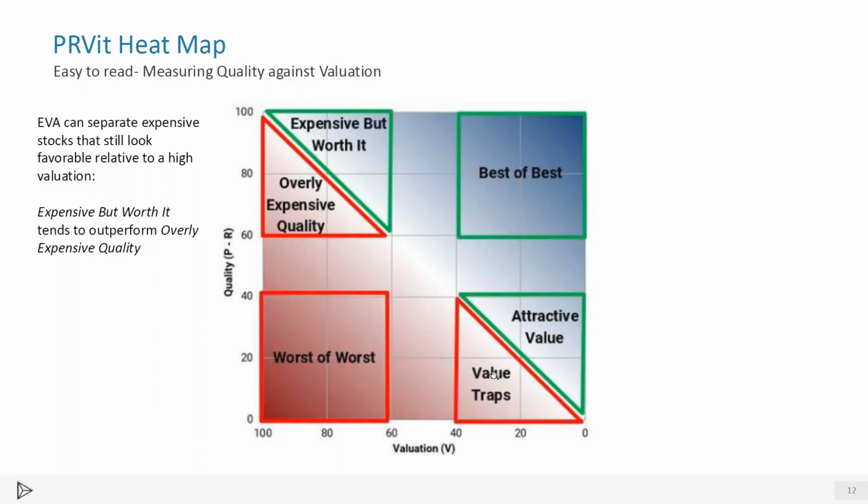The value traps are companies that are cheap, low quality, but are not cheap enough to justify the low quality. And then, of course, we have the worst of the worst, which are companies that are very expensive and have really no fundamental basis. They have very poor quality, low profitability.